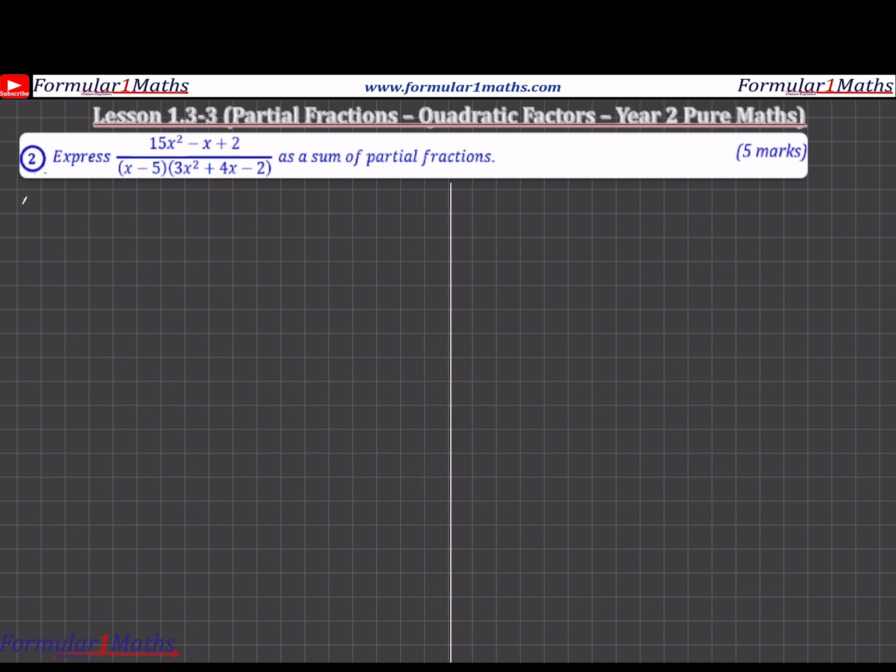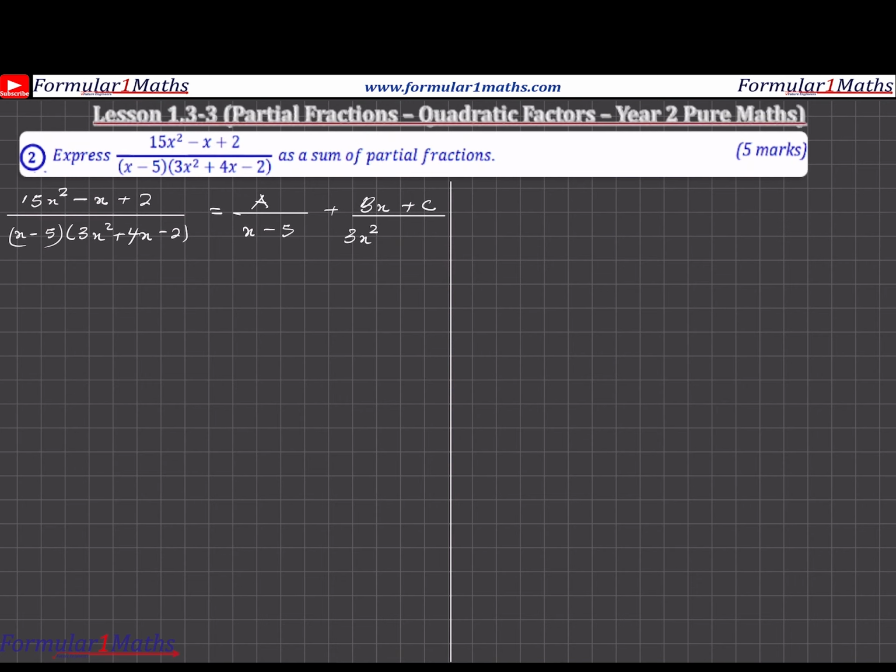Question 2. 15x squared minus x plus 2, all of that over x minus 5 times 3x squared plus 4x minus 2 is equal to a over x minus 5 plus bx plus c over 3x squared plus 4x minus 2.